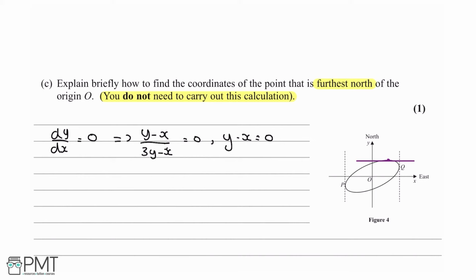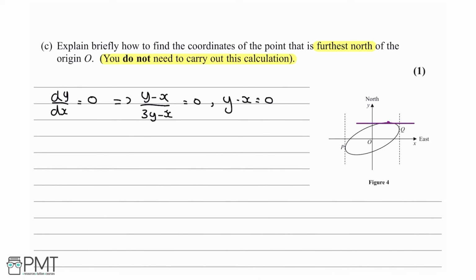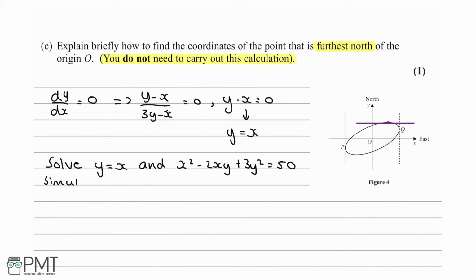So we have this equation, which we've come out with from using the fact that the tangent has a gradient of 0. Rearranging this one gets us y equals x. So all you need to do is solve y equals x and our original equation, which is x squared minus 2xy plus 3y squared equals 50, simultaneously.